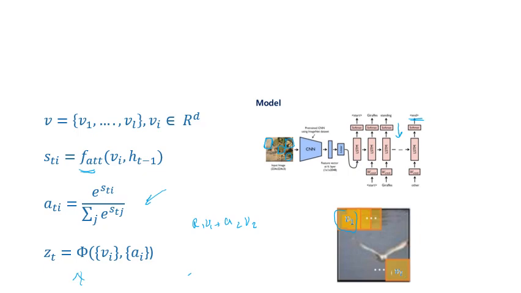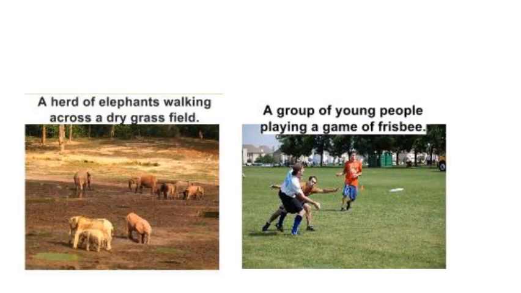This function Q is a function of these coefficients and these annotation vectors, so it might be nonlinear, who knows what the function is. We are going to learn this function. So pretty much the same idea as what we had in natural language processing, and it produced pretty interesting captions.